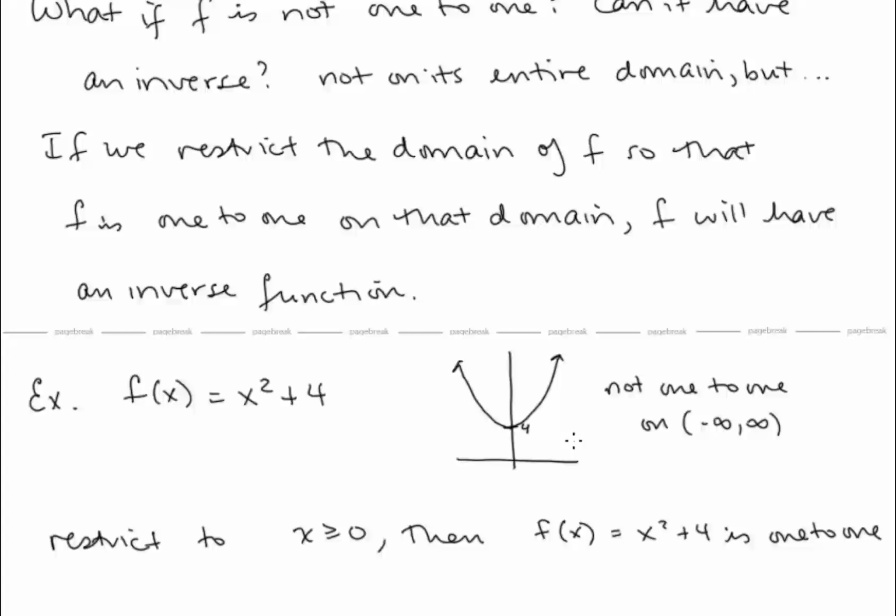It does not pass the horizontal line test. However, if we restrict to x greater than or equal to 0, then we're only talking about this half of the graph. And then yes, in that case, f is one-to-one, and it will have an inverse.